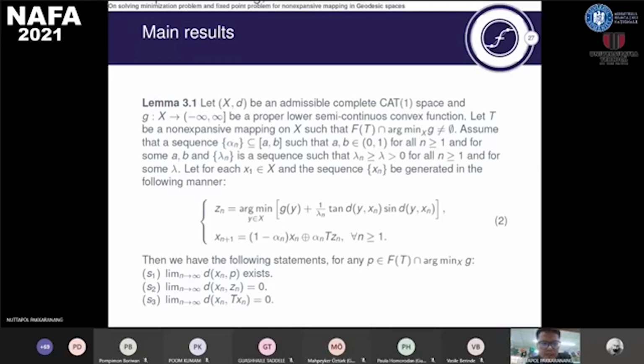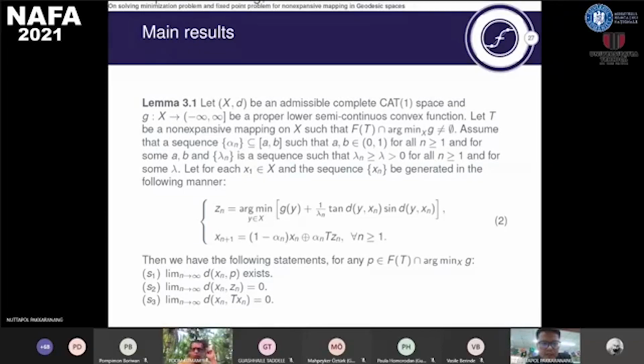We assume that alpha n satisfies this condition, and the sequence xn is generated by Algorithm 2. Then we get the assumptions S1, S2, and S3.